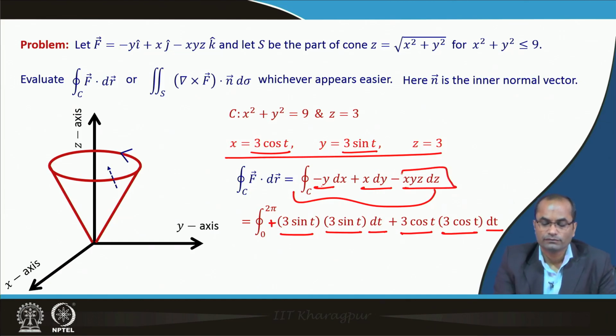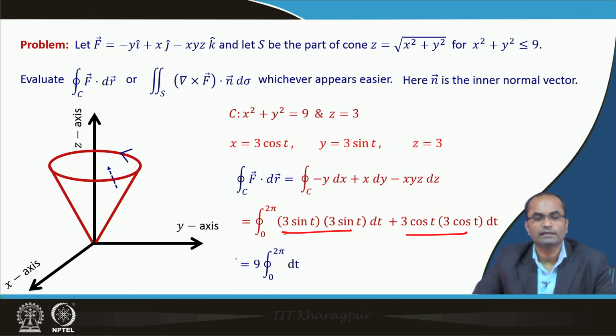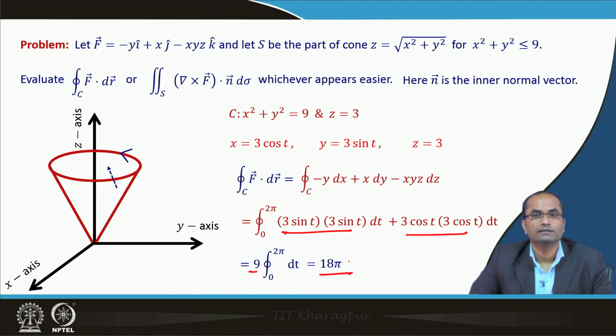The third one, where we have this dz, is going to be 0 because z is constant, there is no variation in z. So, having this, we can now simplify this. We have 9 sin square and 9 cos square. So, basically 9 and integral from 0 to 2 pi dt. So, that is just the 2 pi there. So, 9 into 2 pi. So, we have 18 pi as the answer.